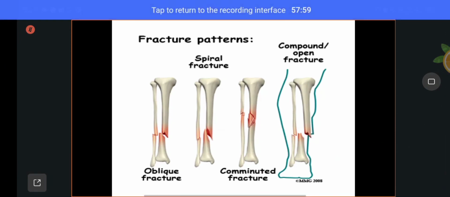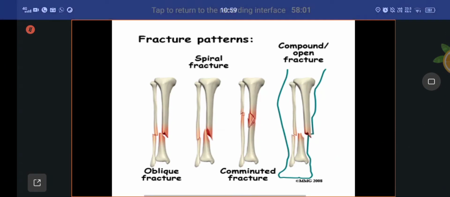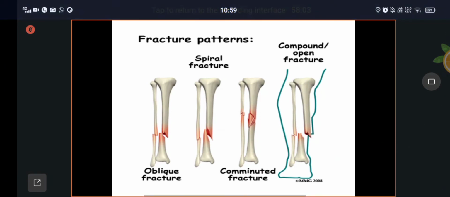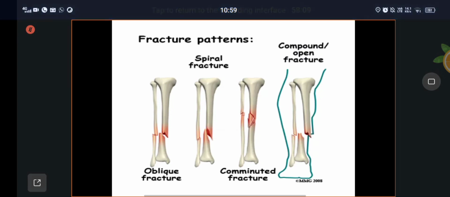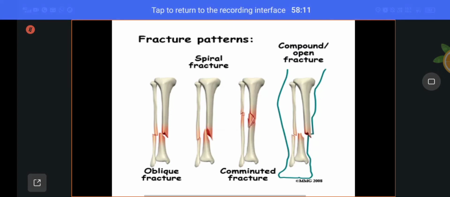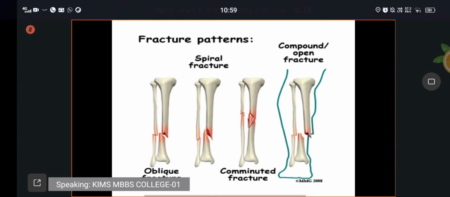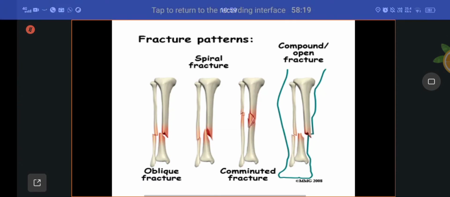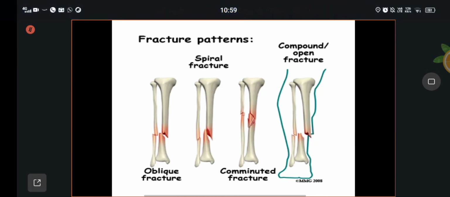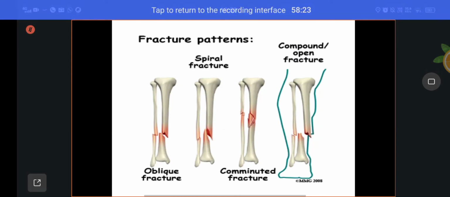The compound or open fractures. Sometimes the bone gets fractured and the sharp ends of the bone will pierce the skin and come out. Whenever the fracture is exposed to the outside by piercing the skin, that is called a compound fracture or open fracture.